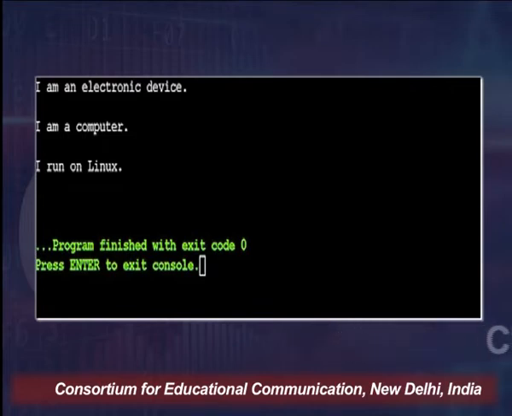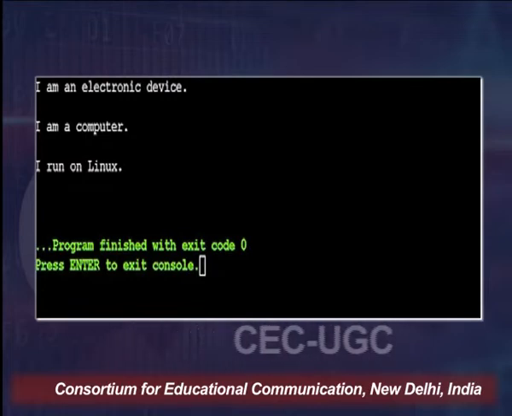You can imagine it in such a way that whenever an object is created for the Linux based class, it in turn calls its base class, and whenever the constructor of computer is called, it calls its immediate base class, which is the electronic device.